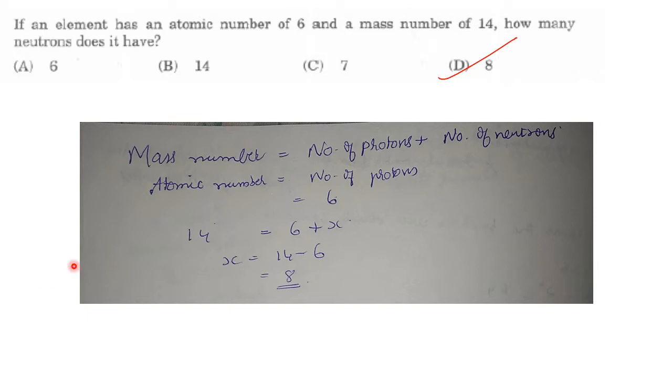Now mass number is equal to number of protons plus number of neutrons. Atomic number is equal to number of protons, and the atomic number is 6, so the number of protons is 6. Substituting in the formula, 14 is equal to 6 plus x, so x is equal to 8. So the answer is option D, 8.